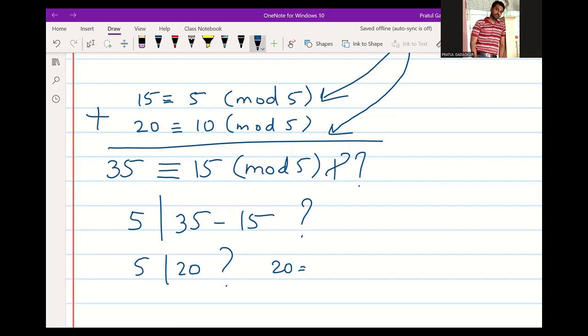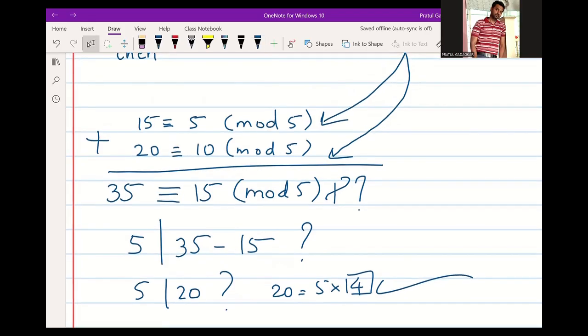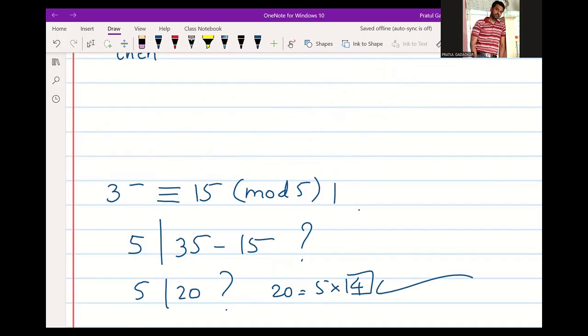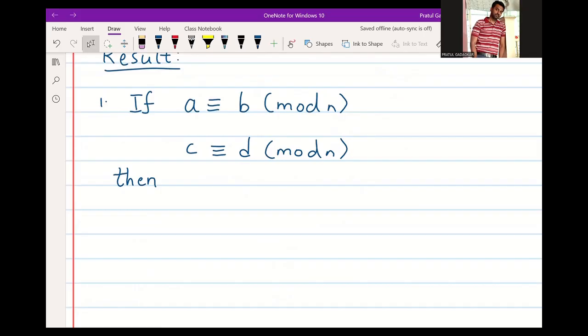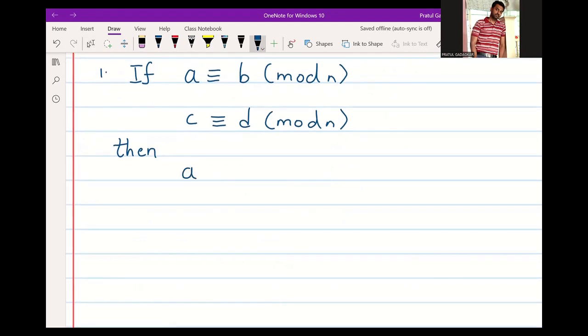Yes, 20 can be written as 5 into 4. So you can add two congruences. Both congruences must be with respect to the same natural number n, as I have used here. Then the result is that A plus C is always congruent to B plus D modulo n.